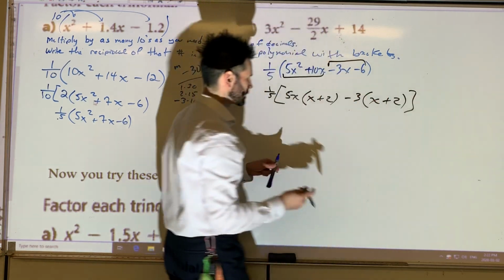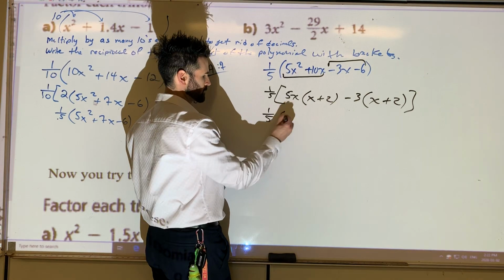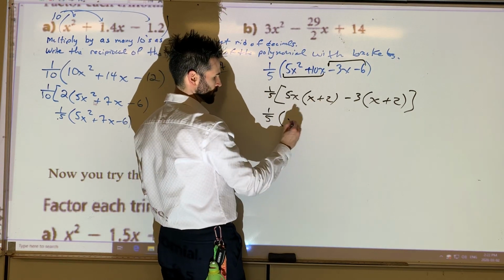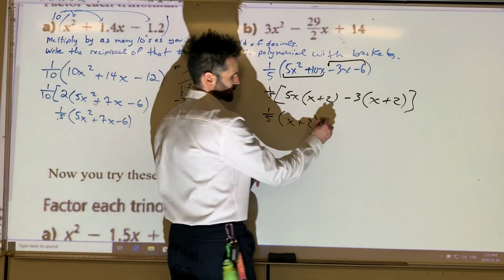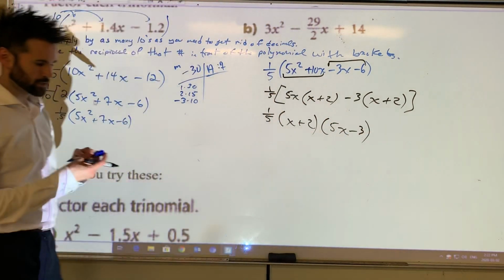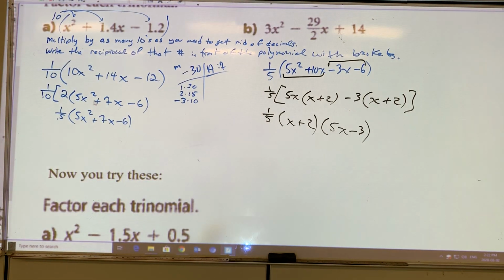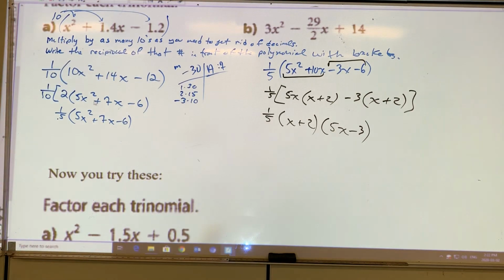Now the only difference is you have this 1 out of 5 in front, so you go 1 out of 5 times, grab one of those binomials that are the same, x plus 2, and the two outside numbers make up the other binomial, 5x minus 3. You're done. So you went from this ugly looking thing and you managed to factor it, hooray!